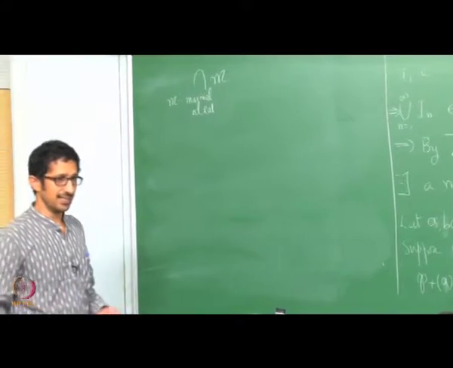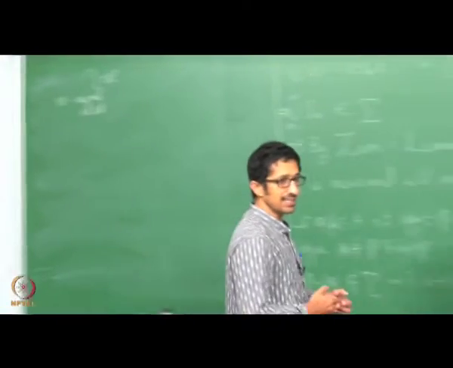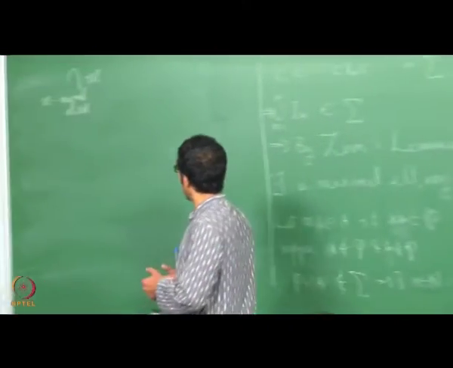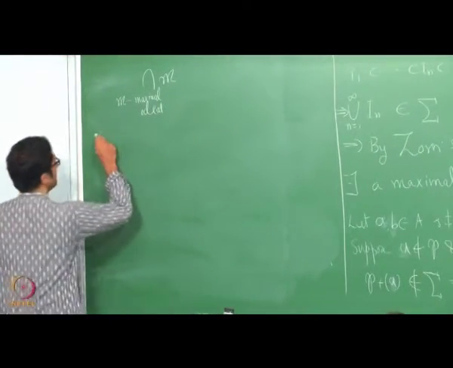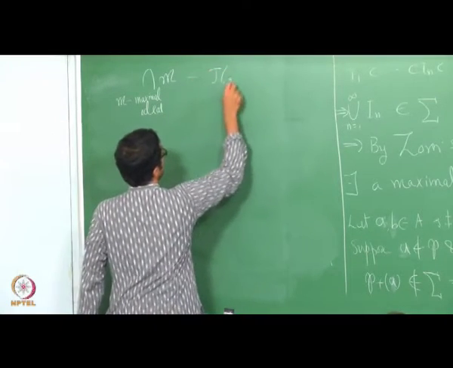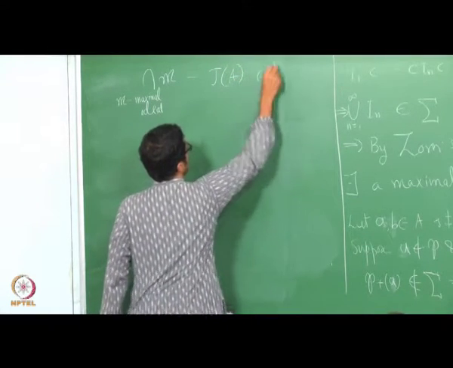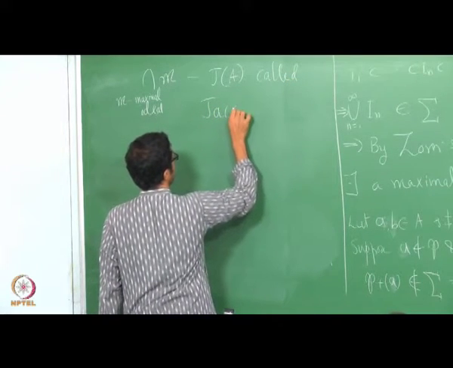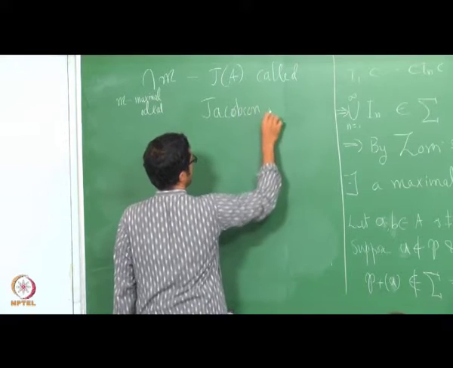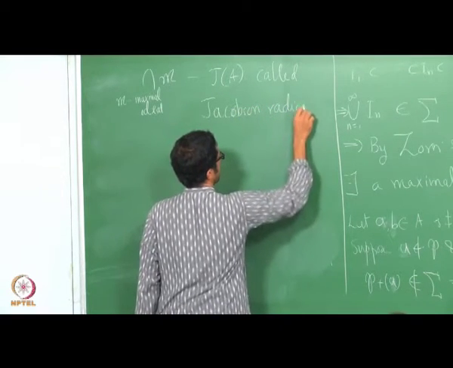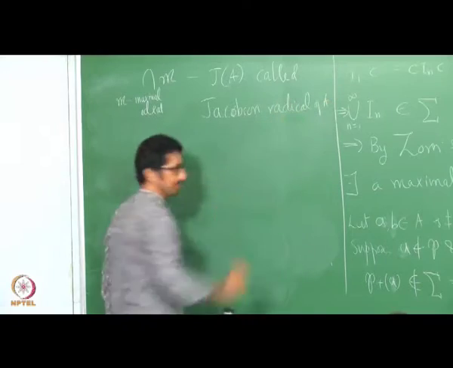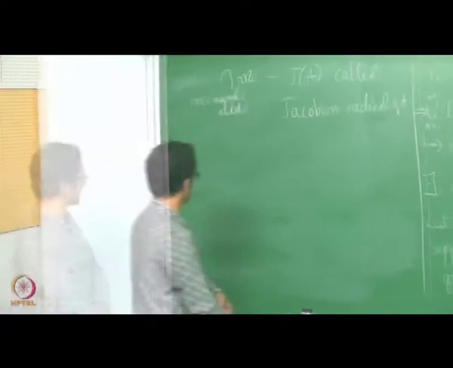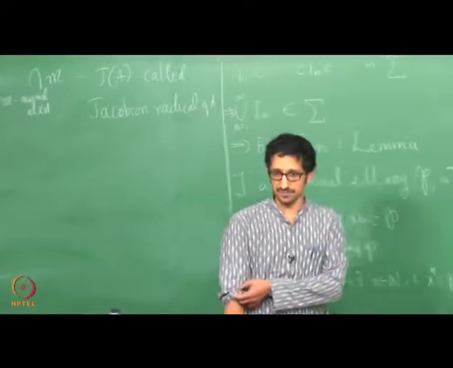Of course, this is an intersection of ideals, so this is again an ideal, and this is called the Jacobson radical. It is the intersection of all maximal ideals.